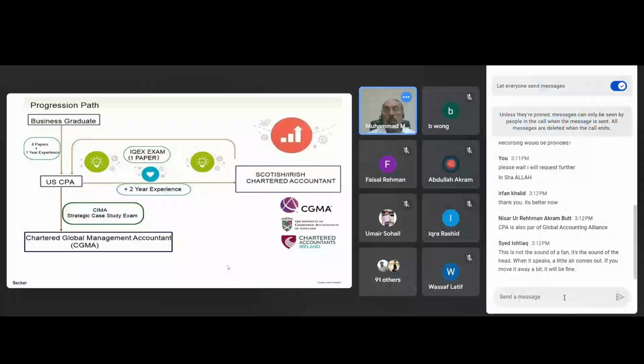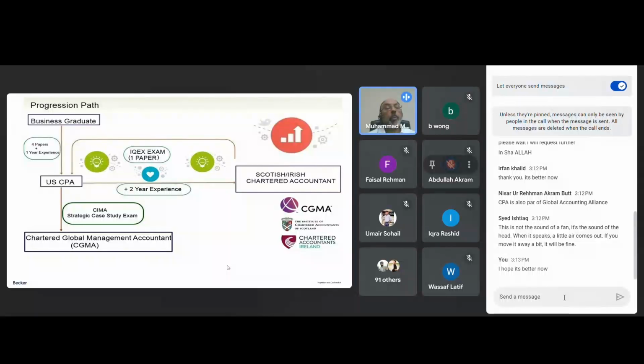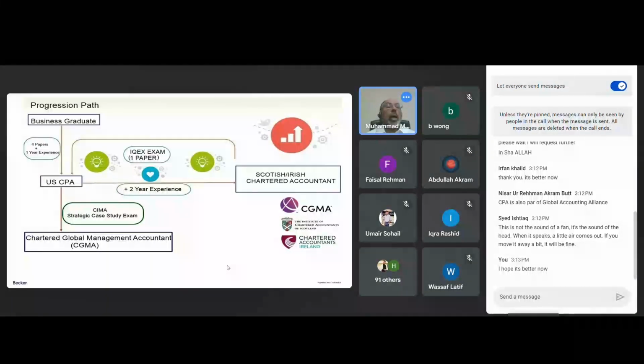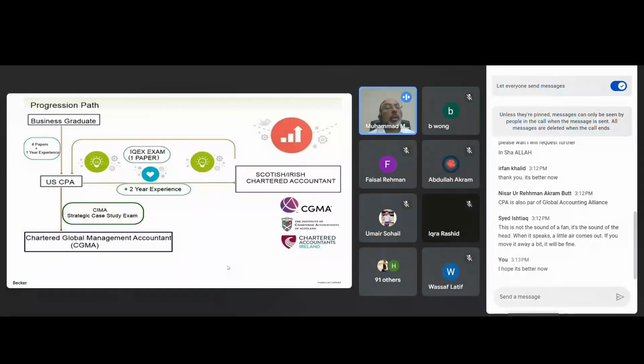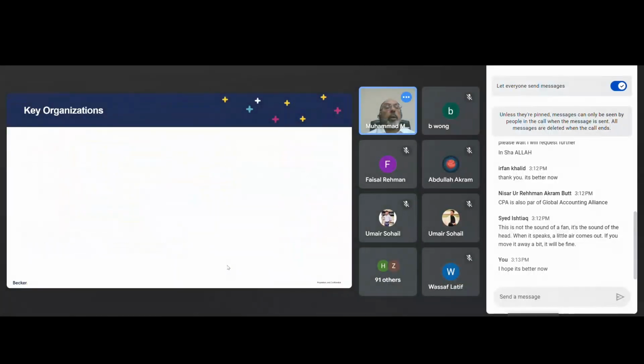So this is the progression path involving the US CPA. The thing to underline is 4 papers and just 1 year of experience, as compared to more than 15, 16, sometimes 20, 21 papers of a professional qualification, and then the experience of 3.5 years or 3 years. This is not the case with the US CPA.